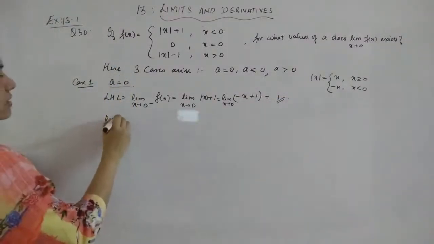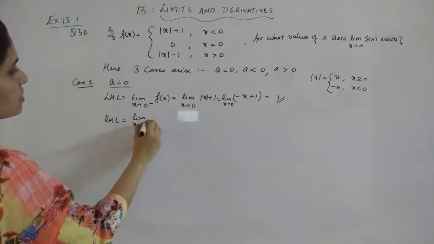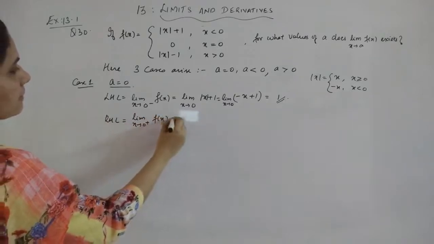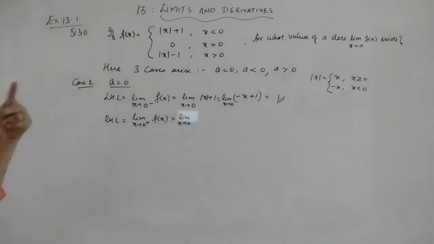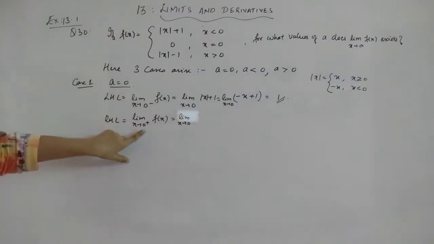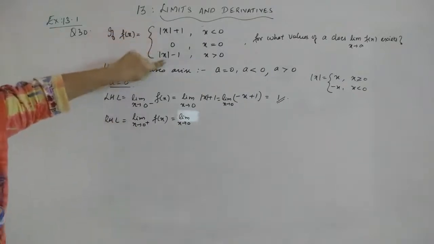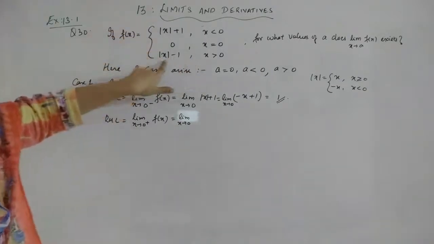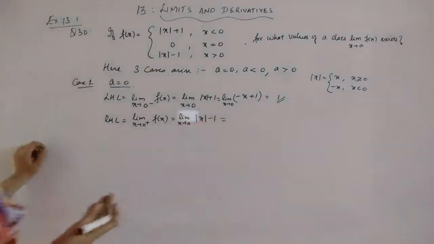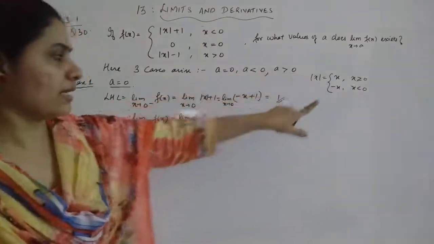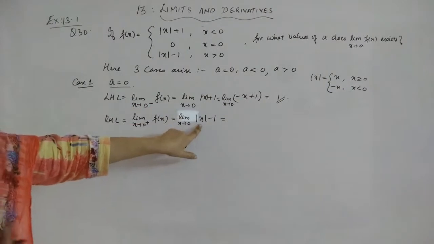Now for right hand limit, limit x tends to 0 plus f of x is equal to limit x tends to 0. Again just see, x tends to 0 plus means it is from the right side of 0. This was from the left hand side. So from the right hand side of 0 you have to replace the function value with mod x minus 1. So it is mod x minus 1. Now again we know that when x is greater than 0, the mod x value will become x.